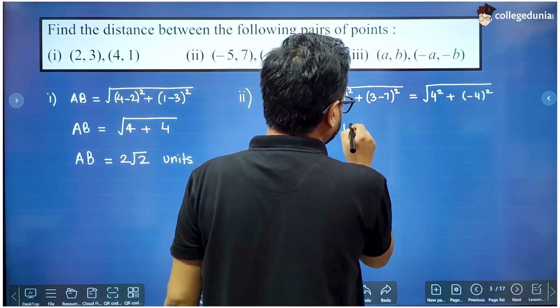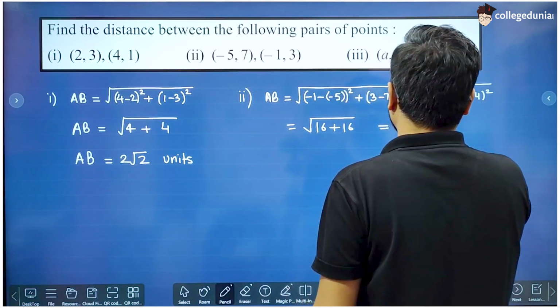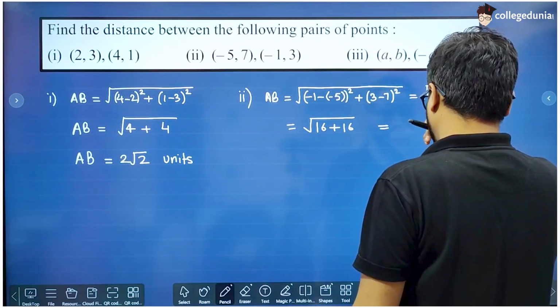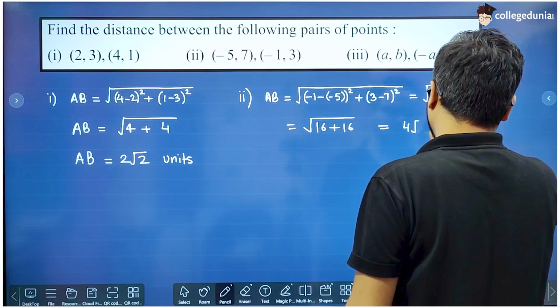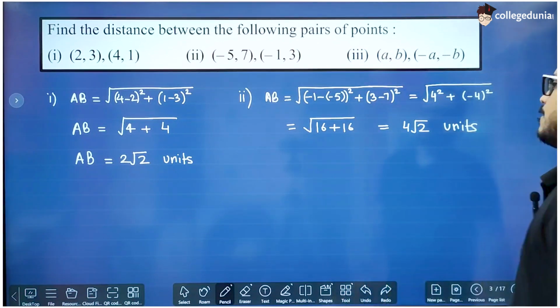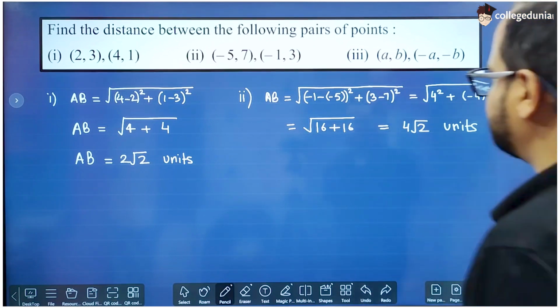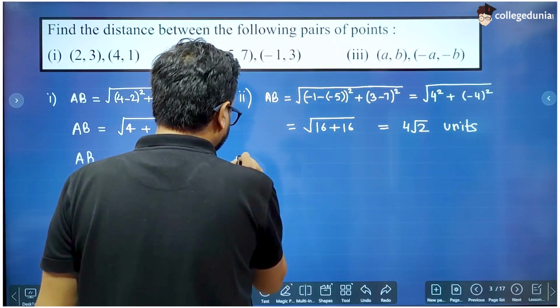Minus 4 square is again 16. So 16 into 2, that is 32. 32 is 4 root 2 units. Right? So you can take any point as x1, y1 and any point as x2, y2 and you will get the same answer. Now let's do the third part.